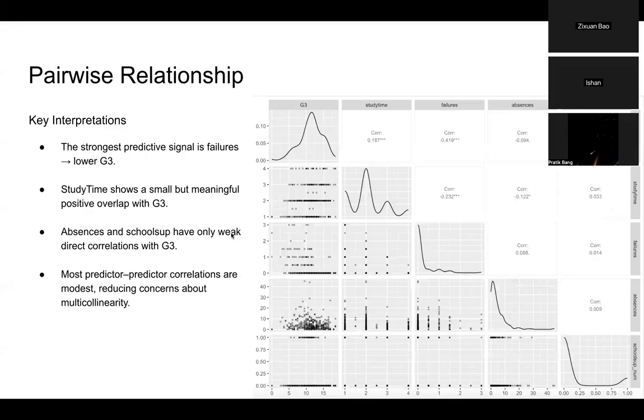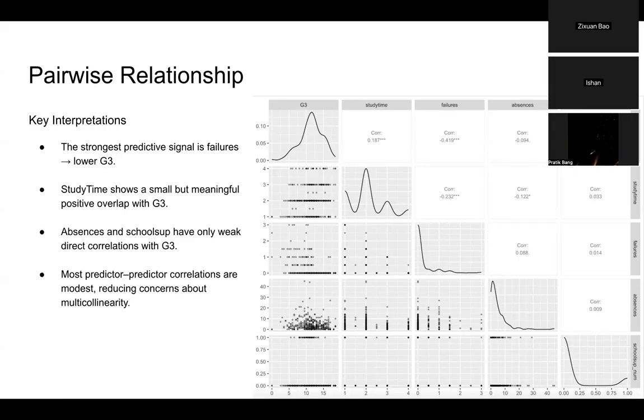Next, we look at the pairwise relationships. In this slide, you can see the pairwise correlations between all of our predictors and the final grade. The strongest signal comes from failures, which has a clear negative relationship with G3. More failures almost always correspond to lower grades.